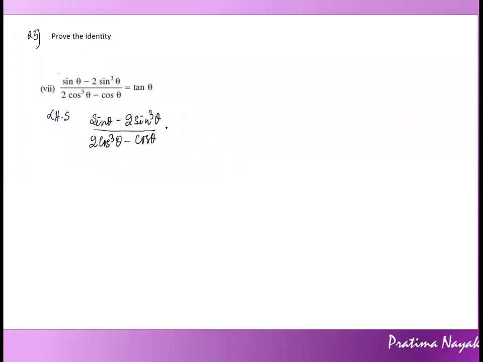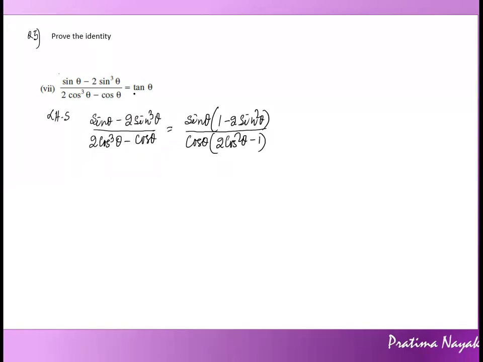In the numerator, I'll take sin theta common. So what will remain? 1, just like your algebraic expression, minus 2 sin square theta. And in the denominator I am taking common cos theta. How much will be left? 2 cos square left, and minus 1 left.